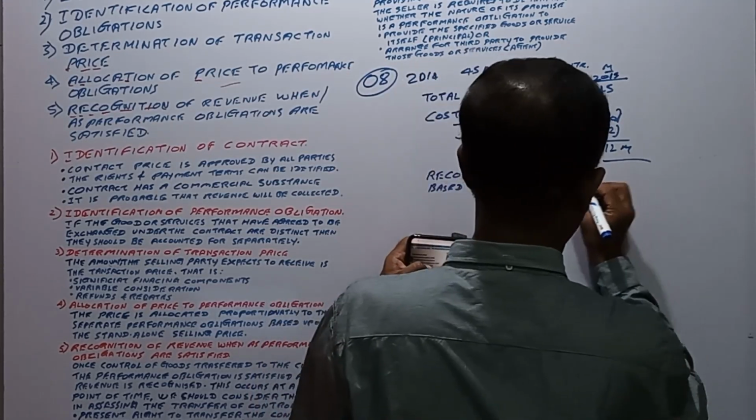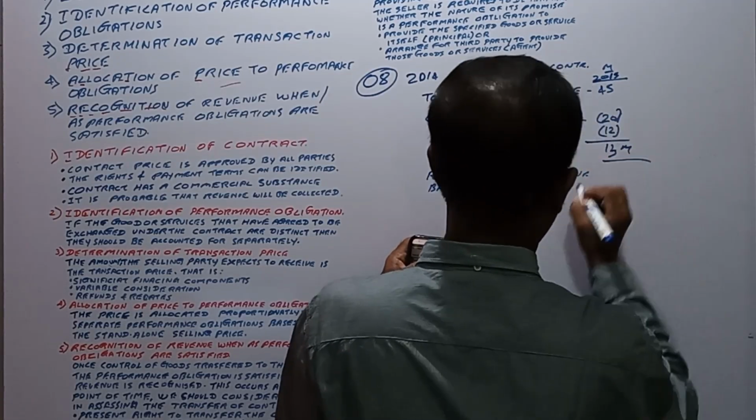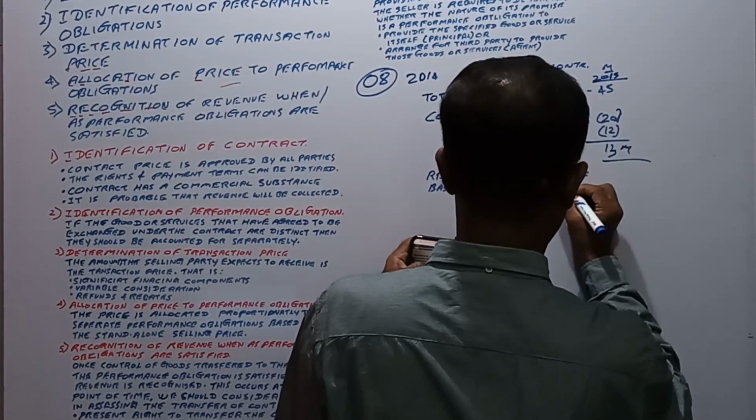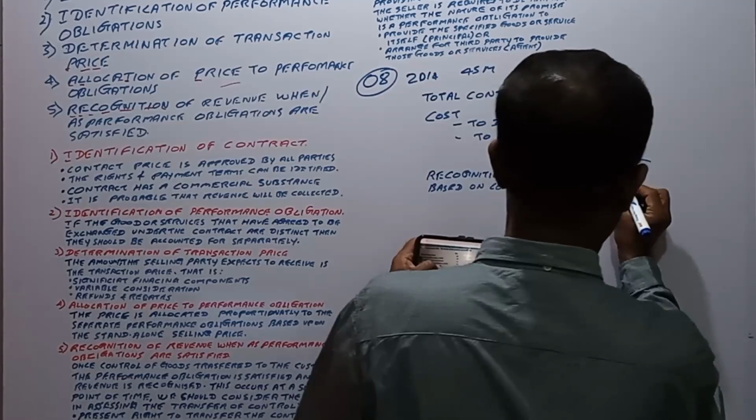That is 13 million, right? That is 13 million into 70 percentage, that is how much?